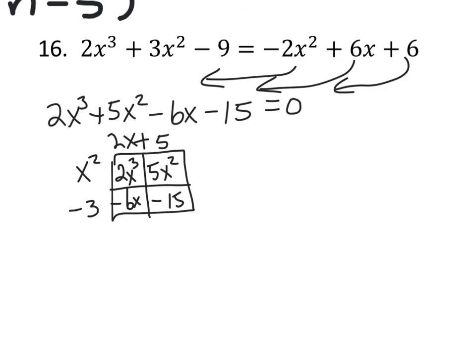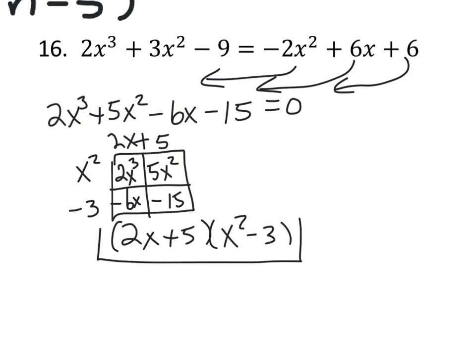And in order for this 15 to be negative, this 5 needs to be positive. So we have 2x plus 5, x squared minus 3. If I want to check to make sure that I've factored this correctly, I can always multiply these back together. So my final answer is 2x plus 5, x squared minus 3.